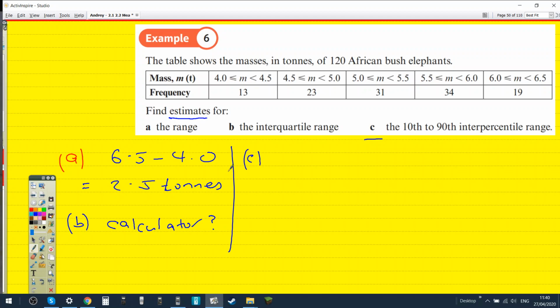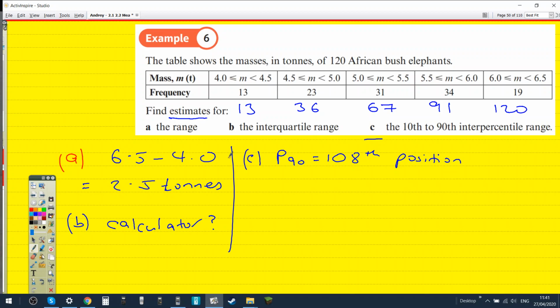So I need to add up all the frequencies and times that by 0.9. Yep. So that'll be 108. 108, okay. So do I need to do 108 minus... no, sorry.